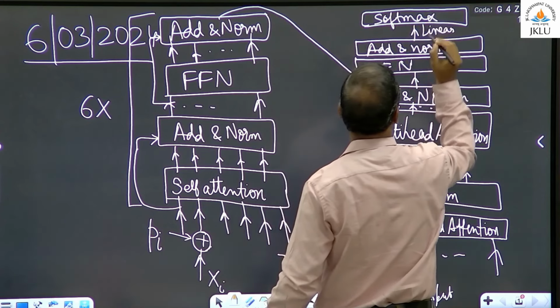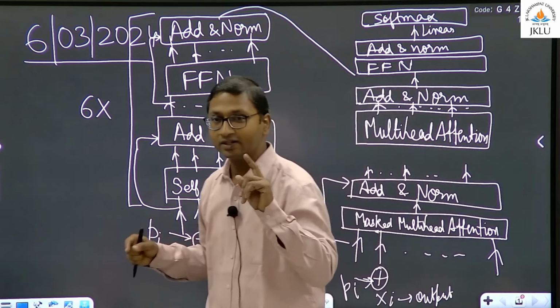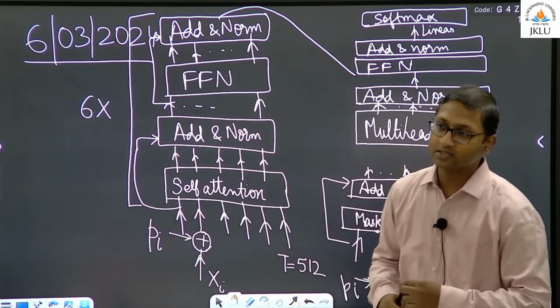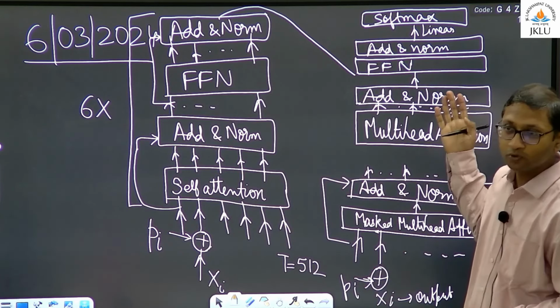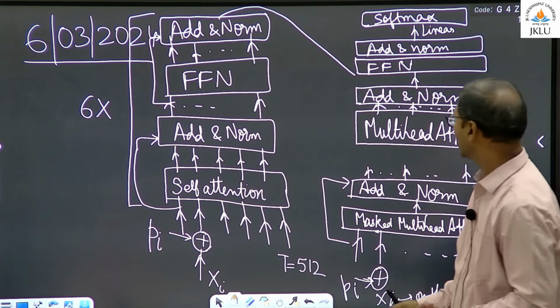And what will this softmax do? It will give me the probability distribution over the next word. So this is what we have learnt in the last 6 classes, maybe, how to output the next word. Okay.